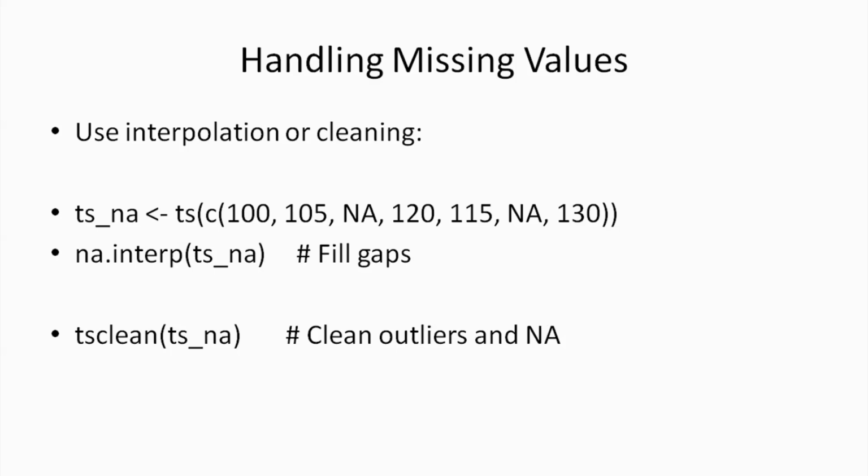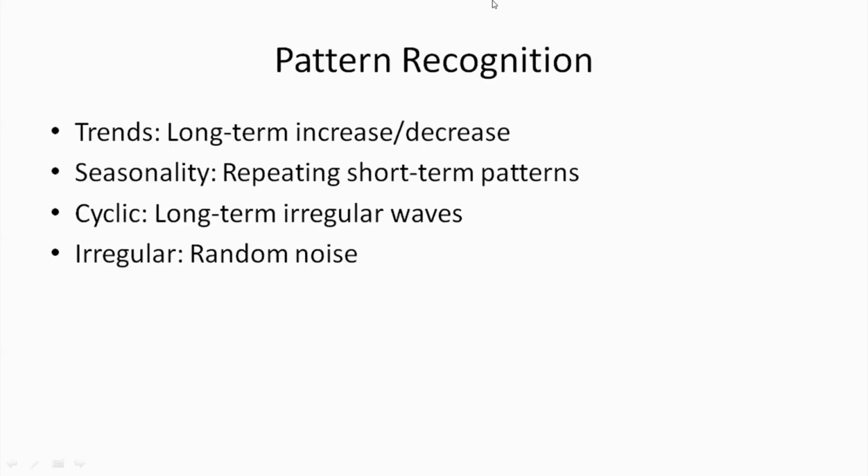It might be possible there are missing values that may appear due to sensor failure, human error or data loss. So R programming allows us to intelligently estimate these missing values, and for that we can use interpolation techniques, ensuring continuity in our analysis. So we can also perform handling of missing values.